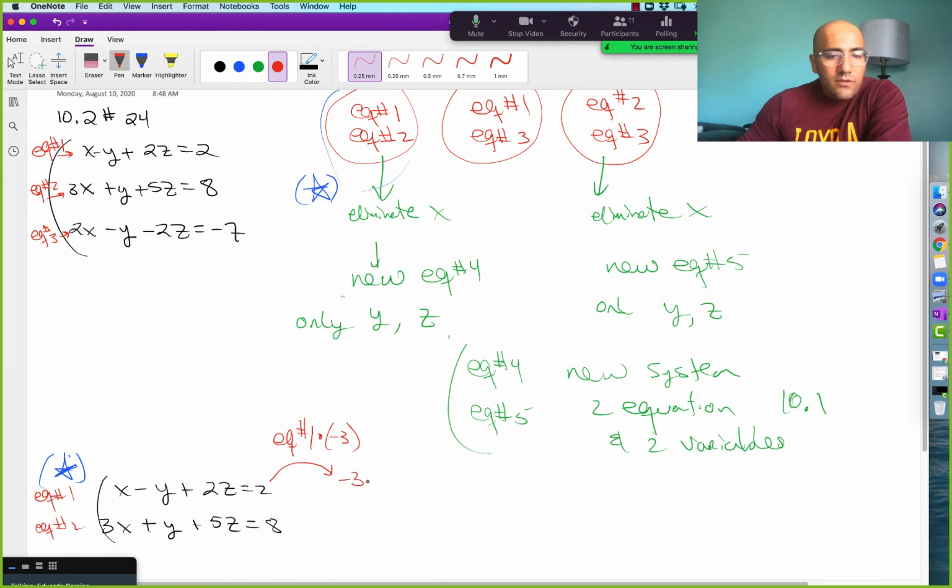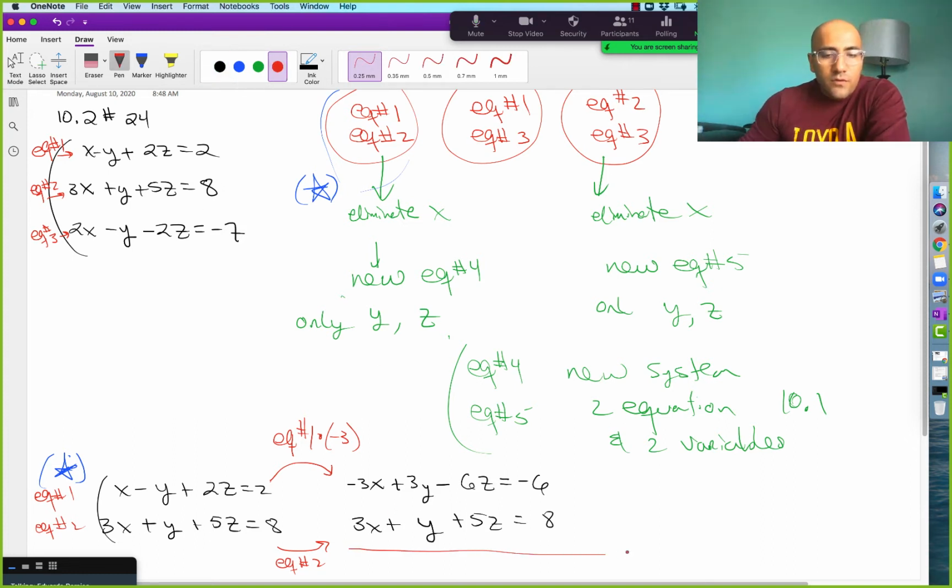So let's do minus 3x plus 3y minus 6z equals negative 6. Good. Equation 2 I'm just going to copy. I'm not going to do anything to it. Equation number 2, and then I'll get 3x plus y plus 5z equals 8.